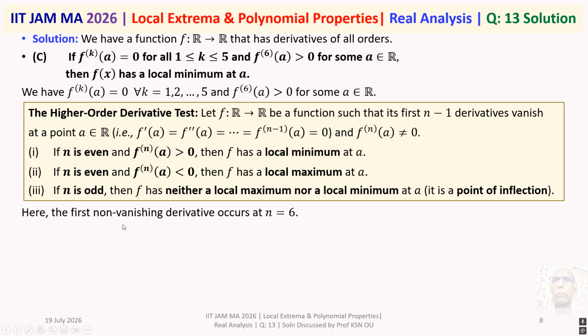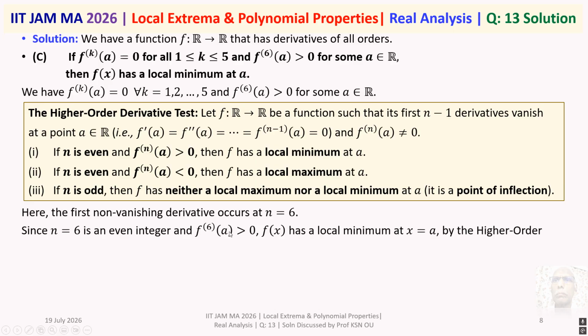So, the first non-vanishing derivative occurs at n equal to 6, and since n equal to 6 is an even integer and the sixth derivative of f at a is positive, by the higher order derivative test, f of x has a local minimum. Thus, the statement C is true.